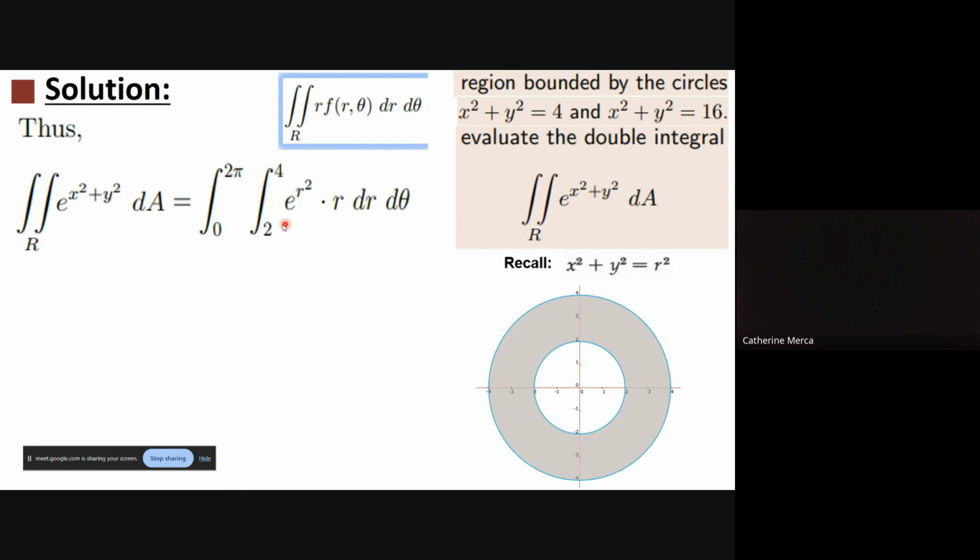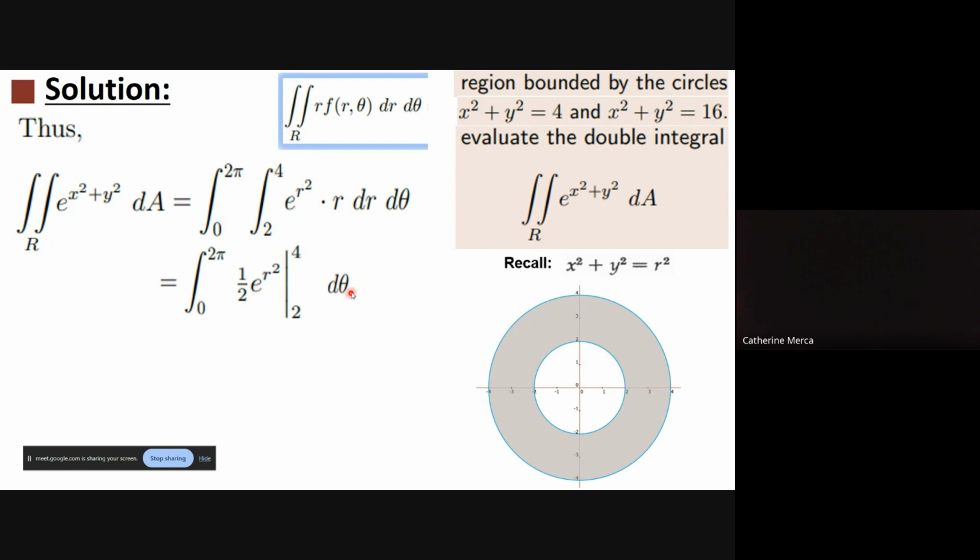And we know that if you have the integral of e to the u du, it should be e to the r squared, you should have 2r. So we have to introduce the value 1/2 there, so that you will have 1/2 e to the r squared evaluated from 2 to 4.